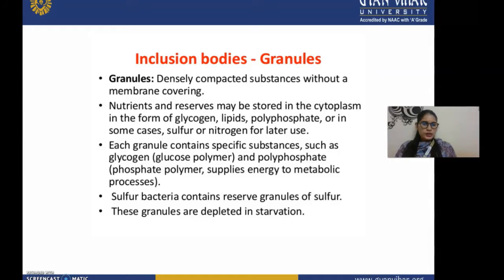Each granule contains a specific substance such as glycogen, a glucose polymer, and phosphate. Phosphate polymer supplies energy to the metabolic process, and sulfur bacteria contain reserve granules of sulfur, and these granules are depleted in the starvation process.